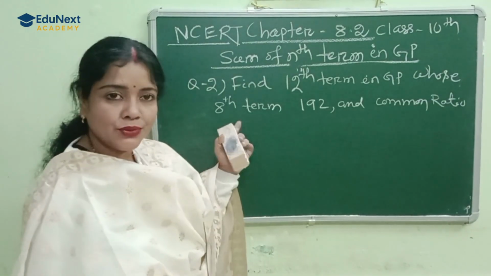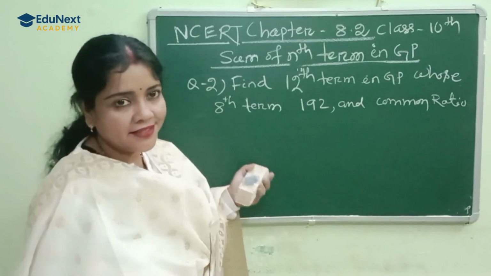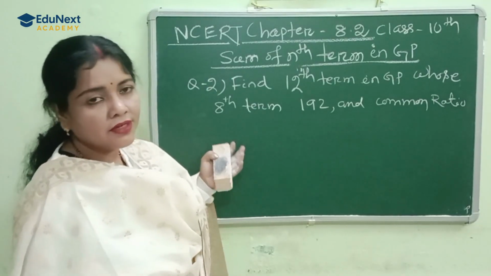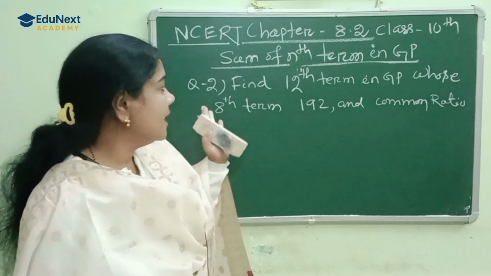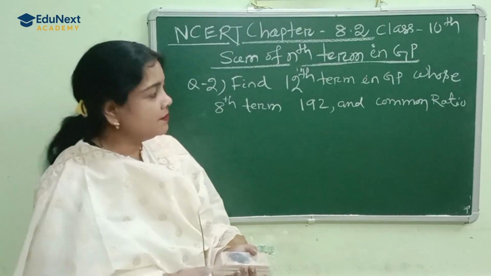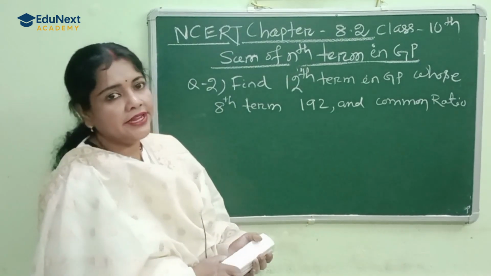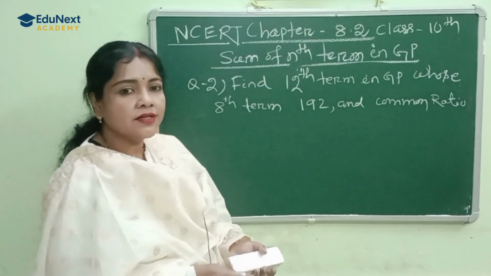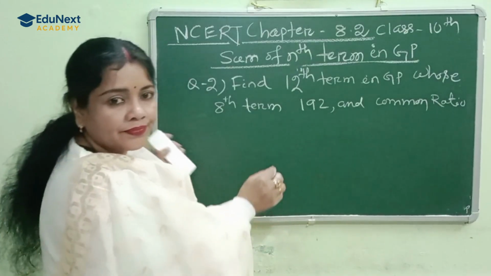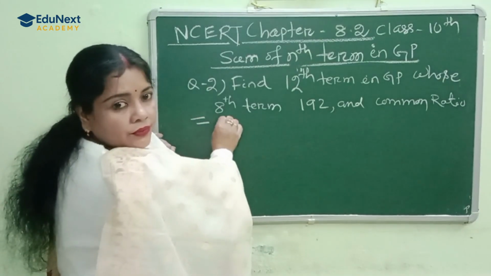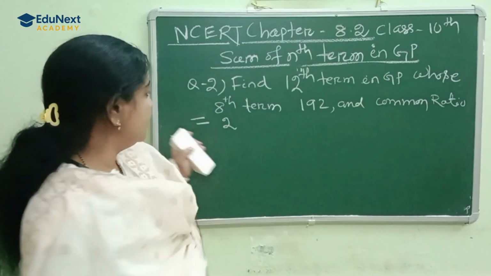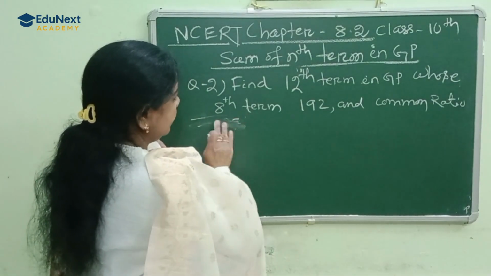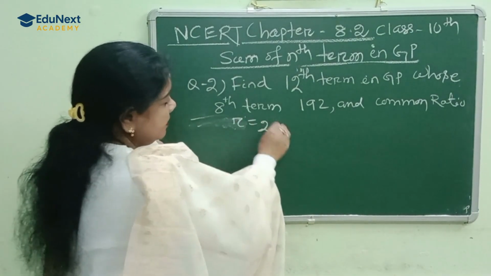Now this is question number 2 from your exercise. Very interesting question, not so difficult. The question is given: 12th term in GP, the 8th term is given as 192 and the common ratio R is given as, I think, 2. Okay, R is 2. Right. Now let us solve this.